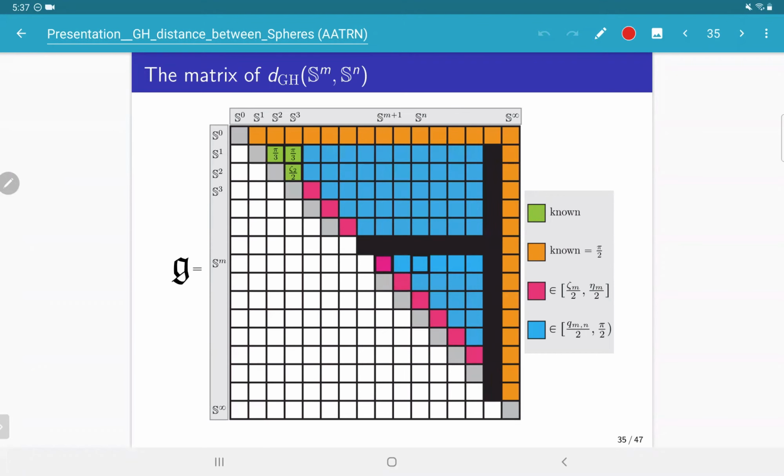Okay, so to summarize, we were able to compute the exact value for this row and this column, and (1,2), (1,3), and we were also able to build the exact value when m equals S3.